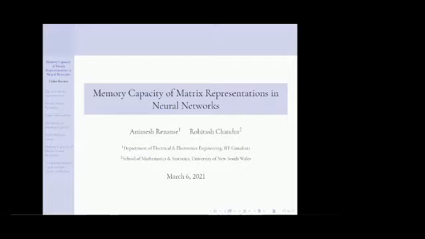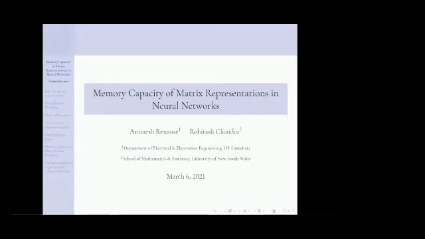Firstly, let's break down the whole title in detail. Memory capacity of matrix representations in neural networks. So there are three concepts here: memory capacity, matrix representations, and neural networks. We all know about neural networks, so we won't go into detail. Just reading the title, a few things must come to your mind.